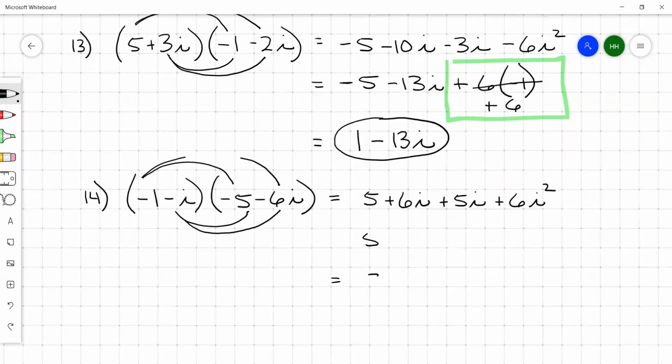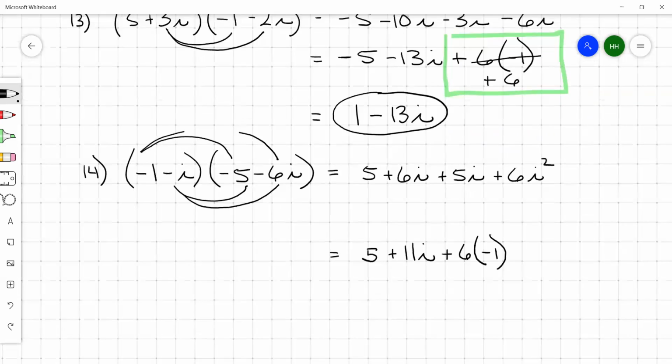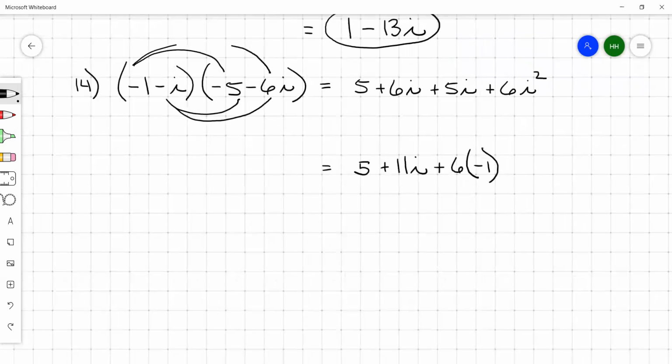We get 5. We got a positive 6i and a positive 5i is a positive 11i, plus a 6 times the i squared, which is negative 1. So this 6 times the negative 1 is negative 6, and that goes away.